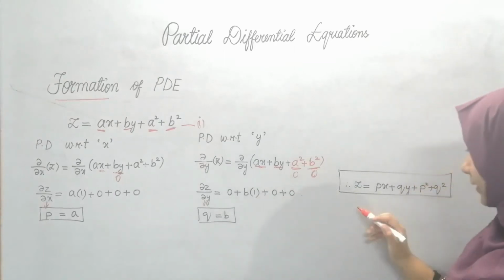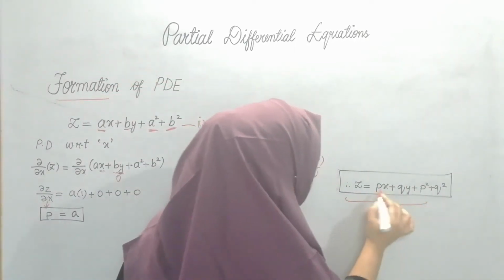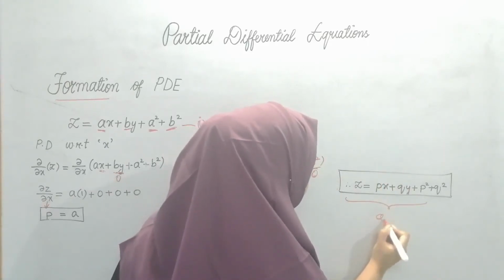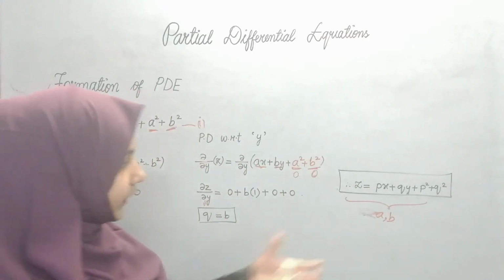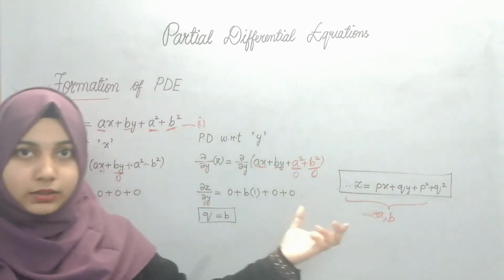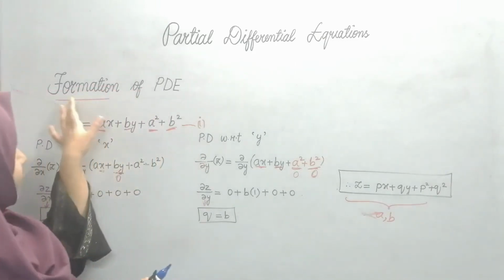Done. So what happens in this final equation? Do you find any constants here, a and b? No. So what we did, we eliminated the arbitrary constants, and we formed a partial differential equation.